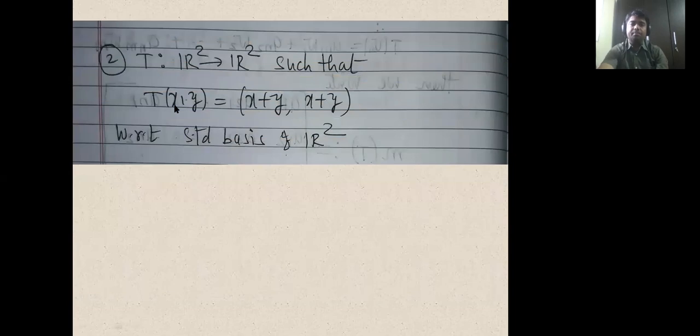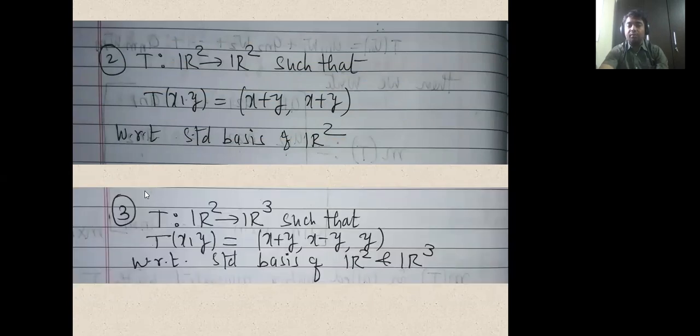Second exercise: T from R2 to R2 such that T of (x, y) is equal to (x plus y, x plus y). We have to find it with respect to the standard basis of R2. I will give these two as homework, this exercise and the next.